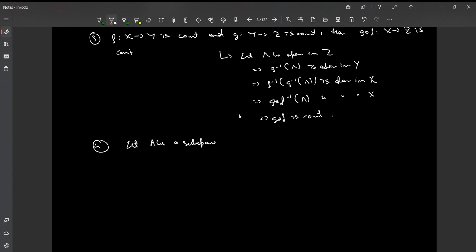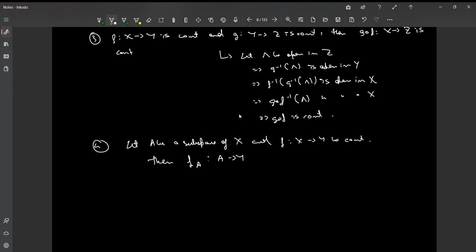Let us go for number 4. Let A be a subspace of X and f from X to Y be continuous.